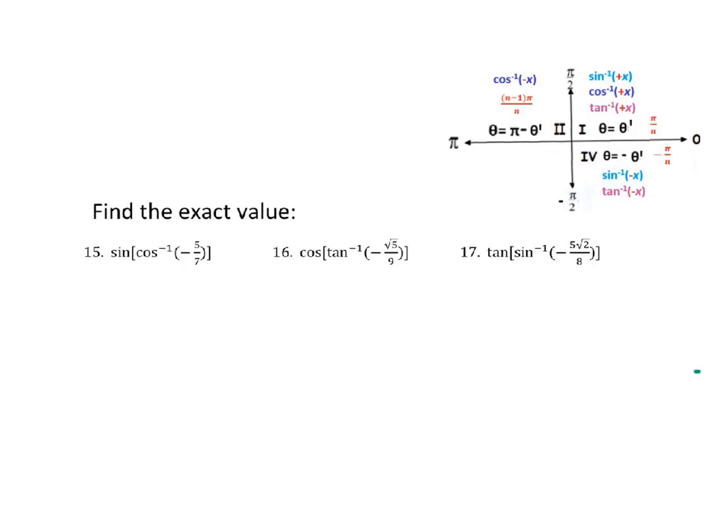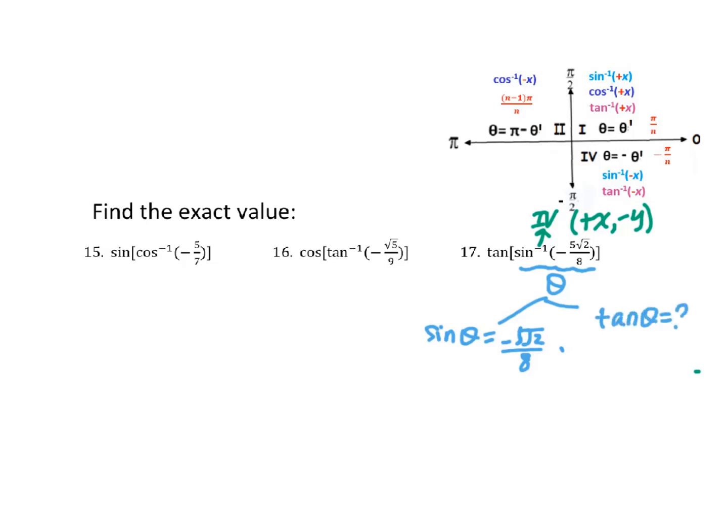For inverse sine of negative 5 square root of 2 over 8, this is the fourth quadrant. Coordinate will be positive x, negative y. I assume this is theta. So we got sine theta equals negative 5 square root of 2 over 8. Then we're looking for tangent theta equals what?